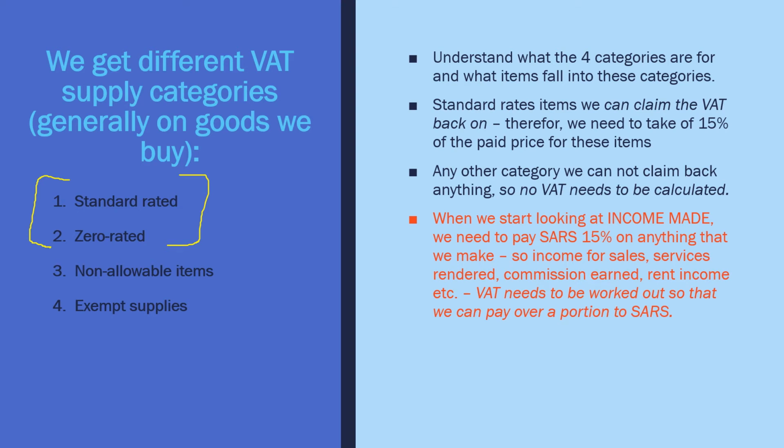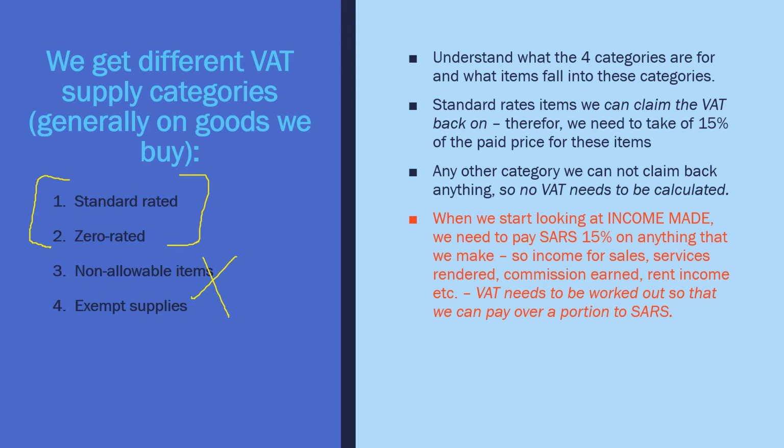So things that are luxurious or not really necessary for the business, SARS regards as non-allowable, which means although we paid VAT, technically they look like standard rated, these are the kinds of items that SARS says, no, we can't claim the VAT back.